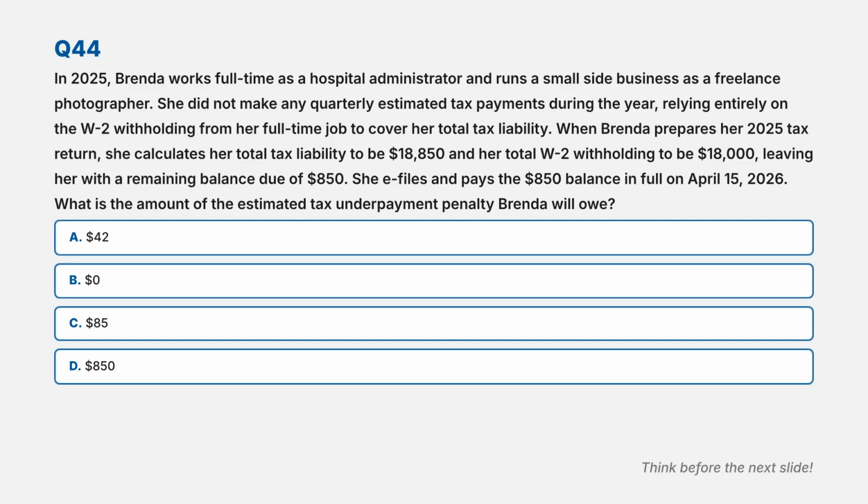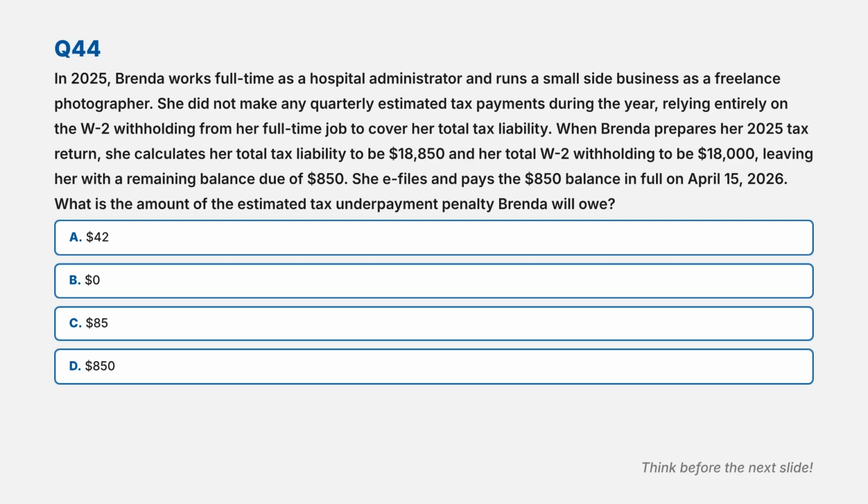When Brenda prepares her 2025 tax return, she calculates her total tax liability to be $18,850 and her total W-2 withholding to be $18,000, leaving her with a remaining balance due of $850. She e-files and pays the $850 balance in full on April 15th, 2026.